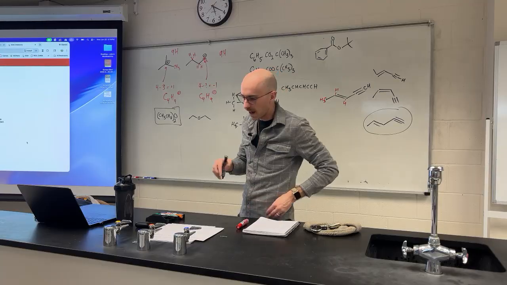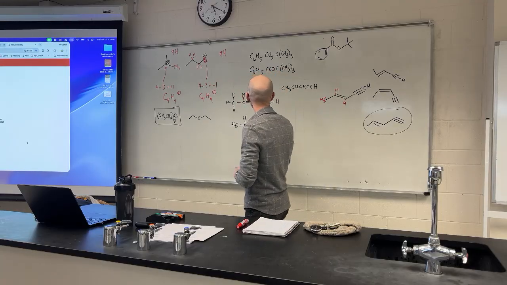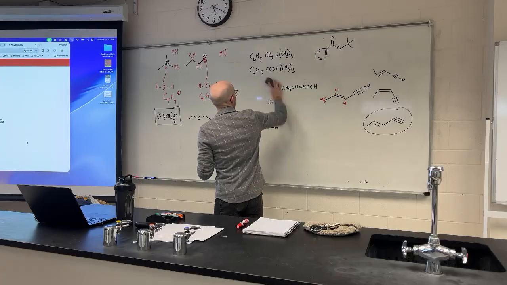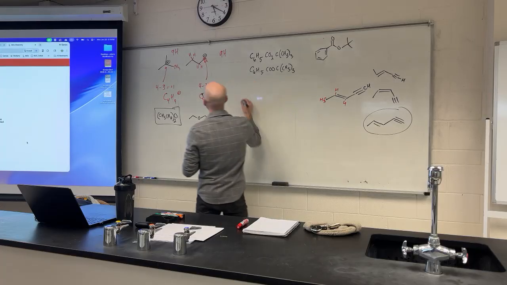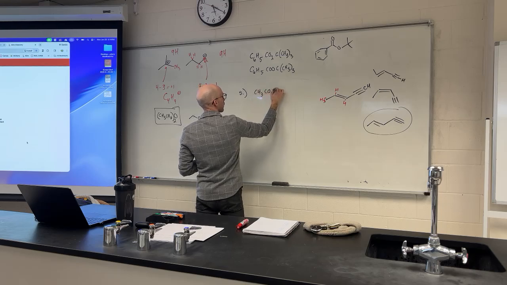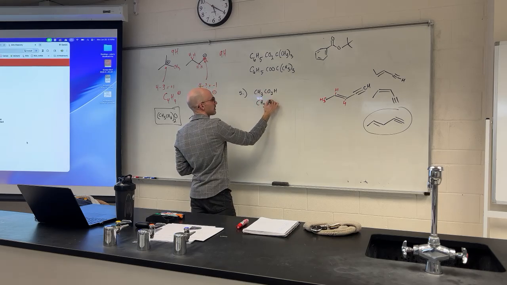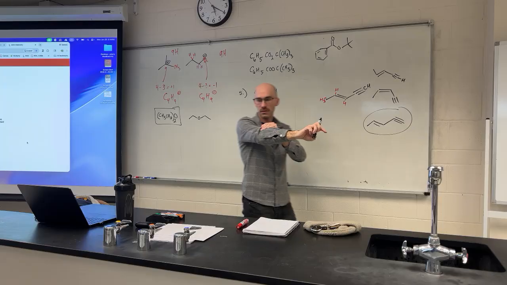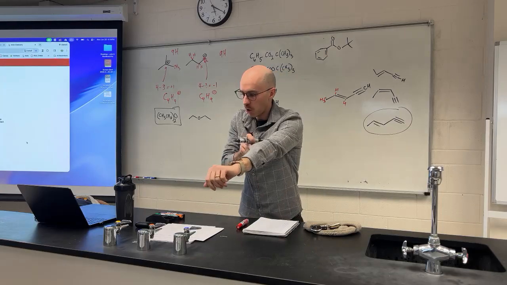Number 5, I want to show you guys how we can abbreviate it. Number 5 can be abbreviated as CH3CO2H or CH3COOH.